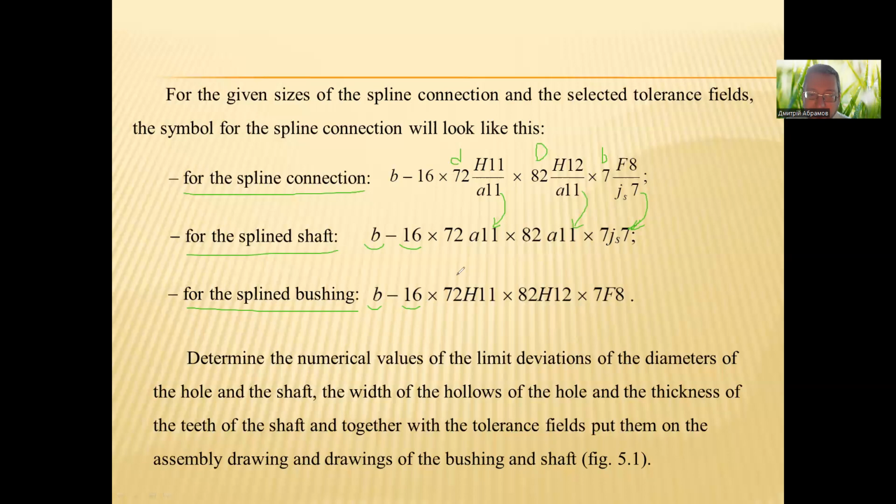For inner diameter 72, we have tolerance field H11. For outer diameter 82, we have tolerance field H12. And for b, we have tolerance field F8.